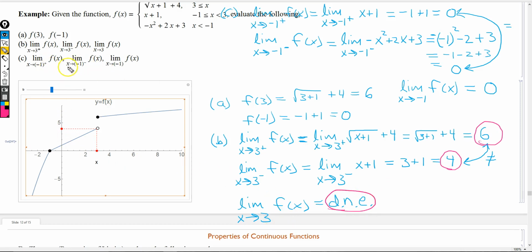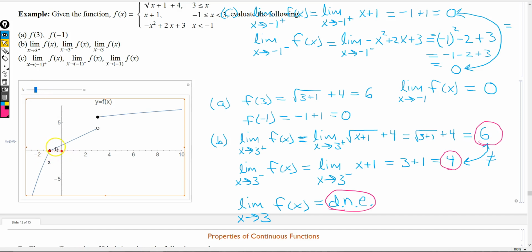And then at -1, notice how, as x approaches -1 from the left, the function values are getting closer to 0 on the y-axis, right there where my pointer is. And as x approaches -1 from the right, the function values are also approaching 0.